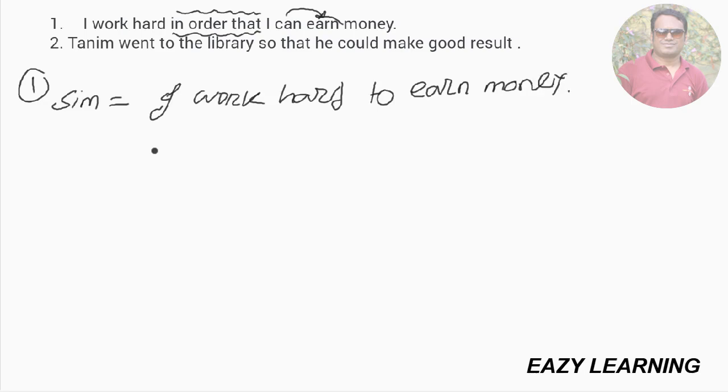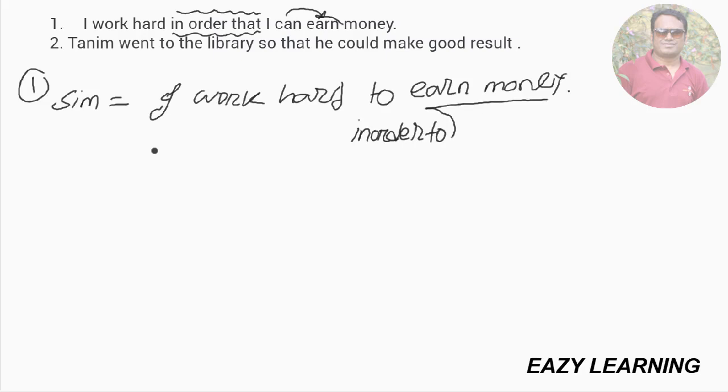So dear students, mind it deeply. If you want to find the verb in the complex sentence, always remember that after can or could you will get the verb present form. So I have used here this verb. I work hard to earn money. Or I can write this way: I work hard in order to earn money.